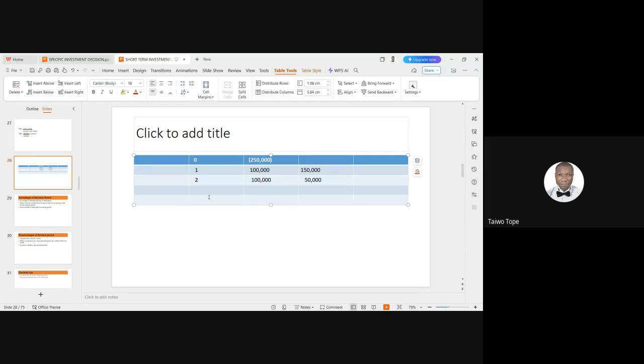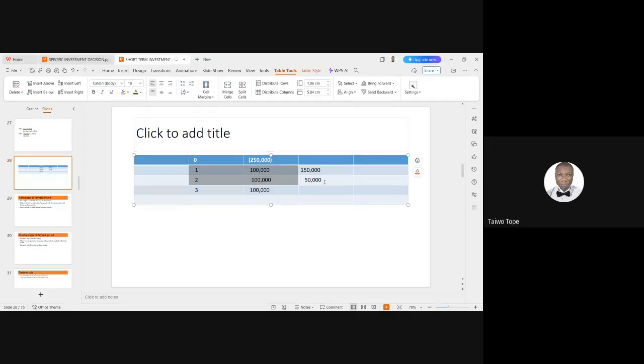It will be recovered within how many years? This 50. Let's say in the third year, you have an inflow of 100 likewise. Within 2 years, you've recouped 200,000, right?